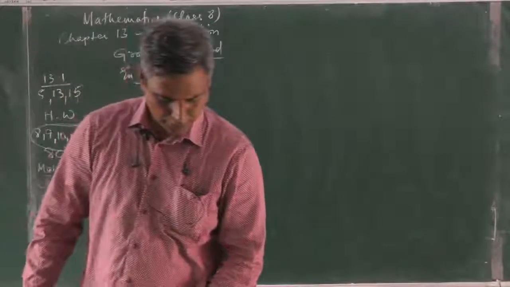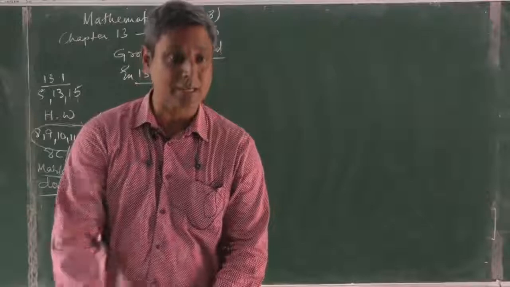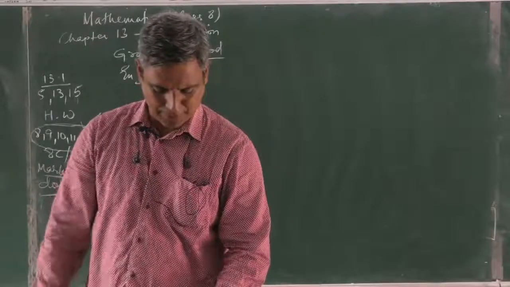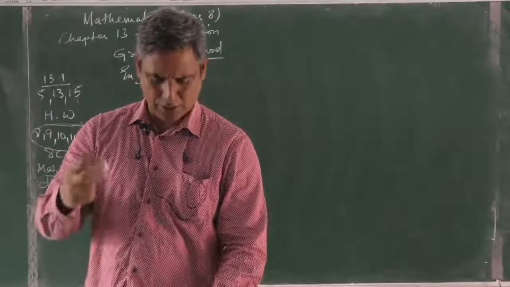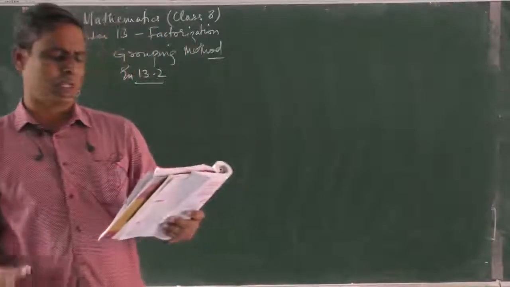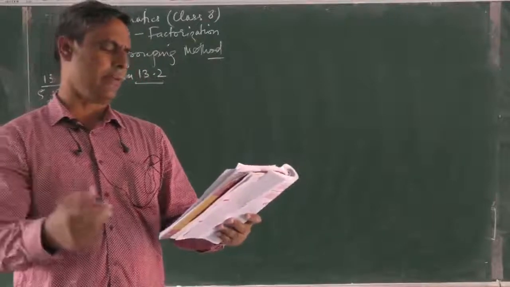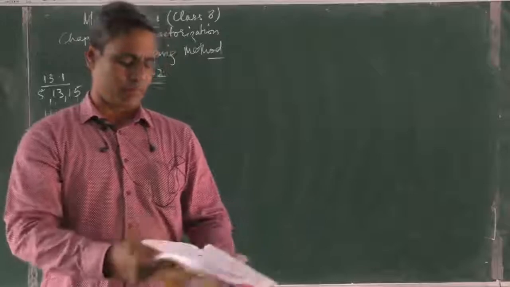If you look on page 221 under exercise 13.1, there are two steps given there. It says in the first step, arrange the terms of the given polynomial in groups in such a way that each group has a common factor. And then second step, factorize each group by taking out the common factor.